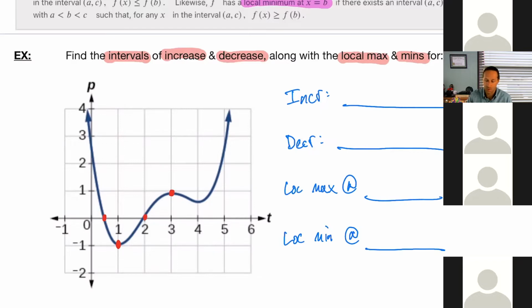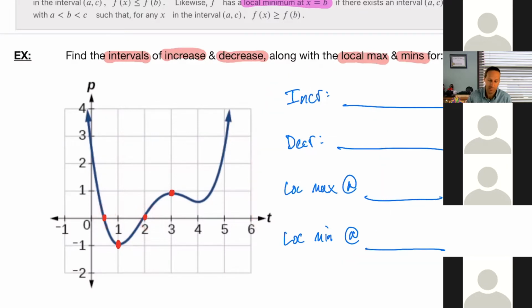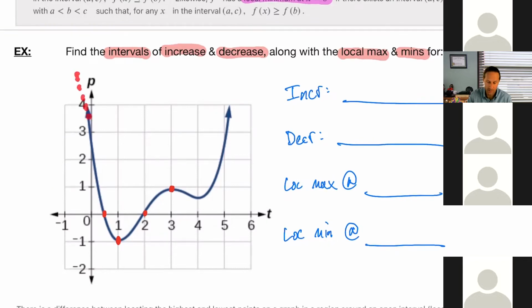They are all important points that you listed, but these two aren't going to help me with this. Those would help me to graph this more precisely, so that I go right through that point and right through that point. But where is this increasing and decreasing? Well, remember, let's start left to right. What is it doing way out here? It's decreasing.